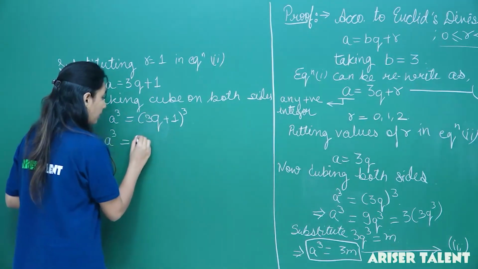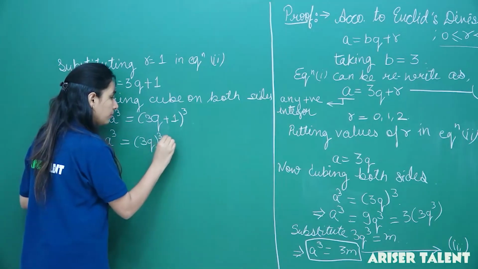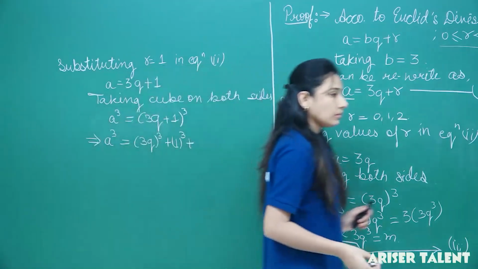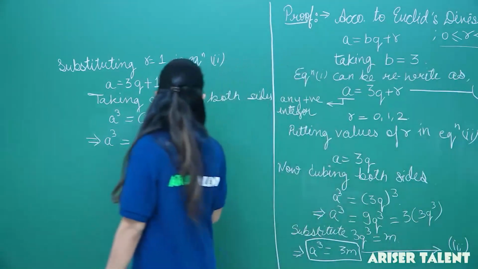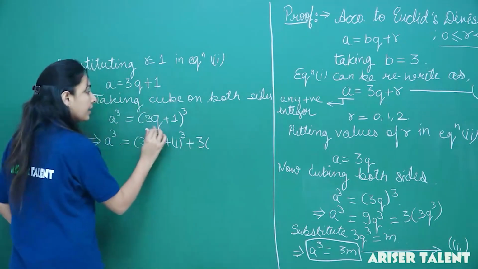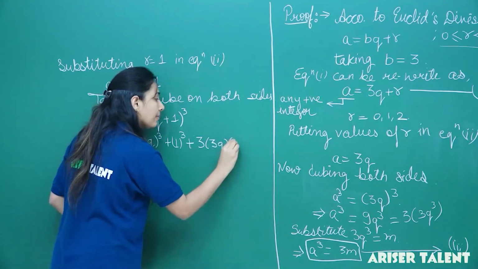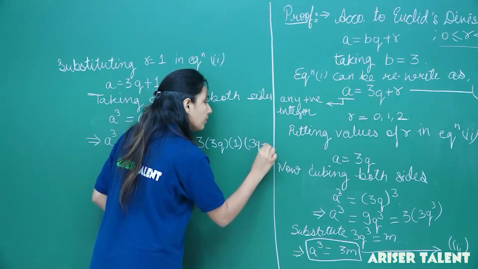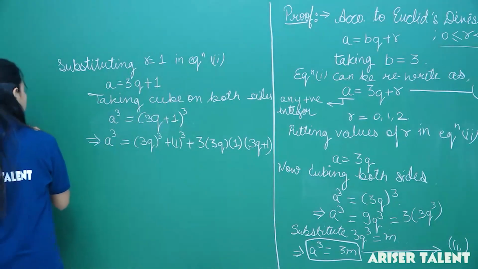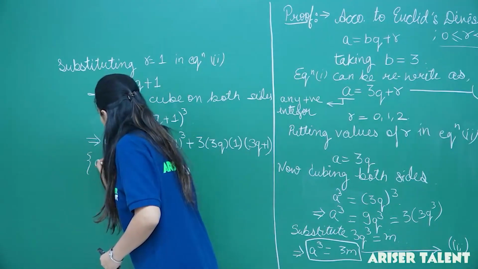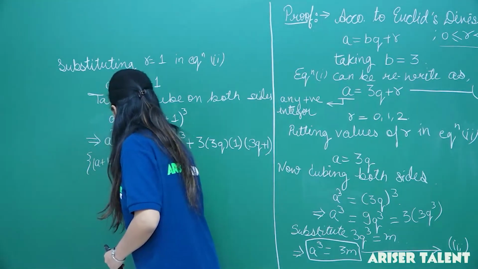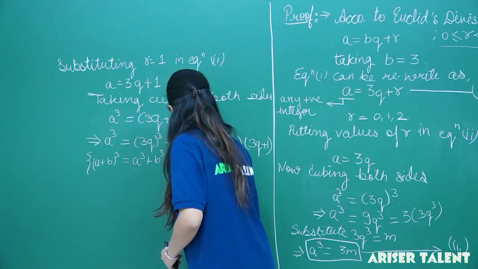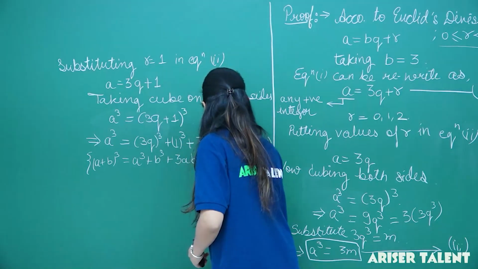Implies that 3q whole cube plus 1 cube plus 3 multiplied by 3q multiplied by 1 and 3q plus 1, by our formula a plus b whole cube is nothing but a cube plus b cube plus 3ab times a plus b.